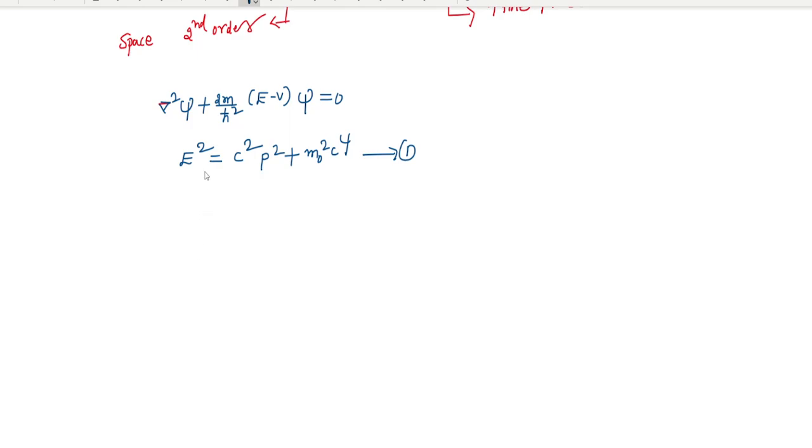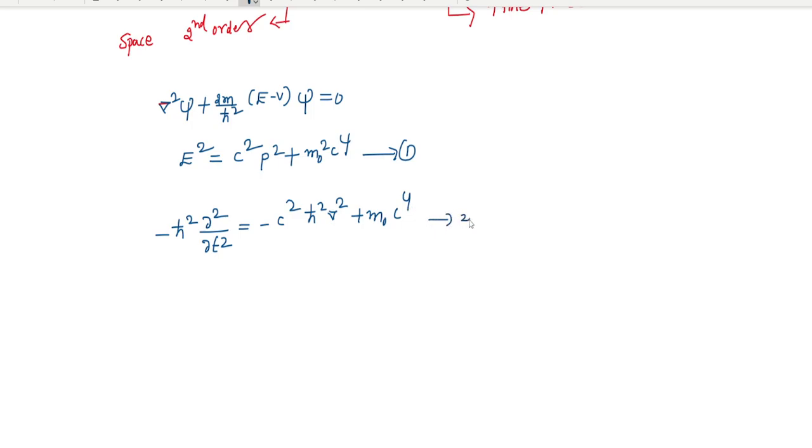Replace energy and momentum by the respective operators. You will get this equation: minus h cross square dou square by dou t square equals minus c square h cross square del square plus m naught square c power 4.